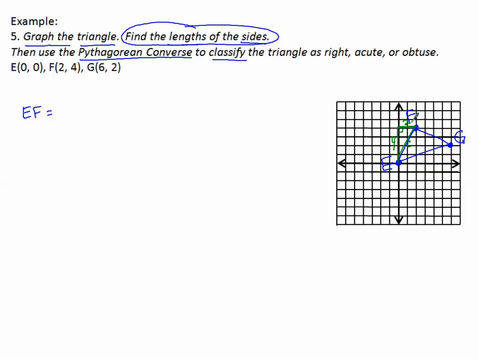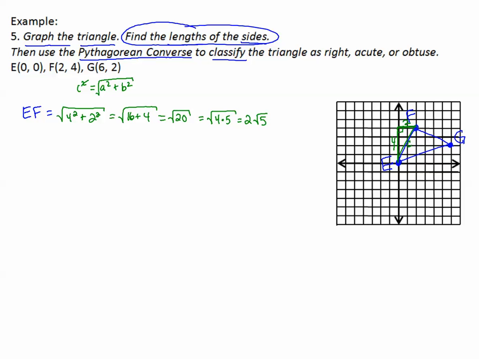So instead of writing c squared equals a squared plus b squared, we're going straight to what c equals, taking the square root of both sides. So we're doing the square root of 4 squared plus 2 squared. That makes 16 plus 4, or the square root of 20. If we simplify that, it's not a perfect square, so that's 4 times 5, or 2 square roots of 5.